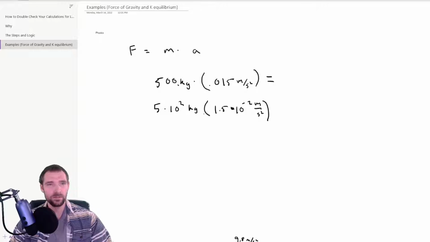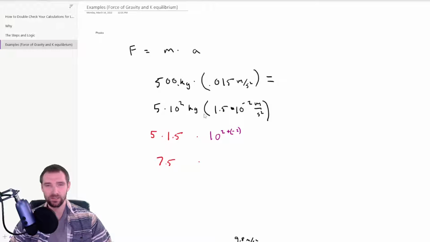And so if we're trying to do our little trick, we can say we've got 5 times 1.5, and our final answer, it doesn't really matter how big it is ultimately, but it should have a 7.5 in there somewhere. So if we look at our tens though, we have 10 up to the second power multiplied by another 10 up to the second power, which is the same as writing it kind of like that.